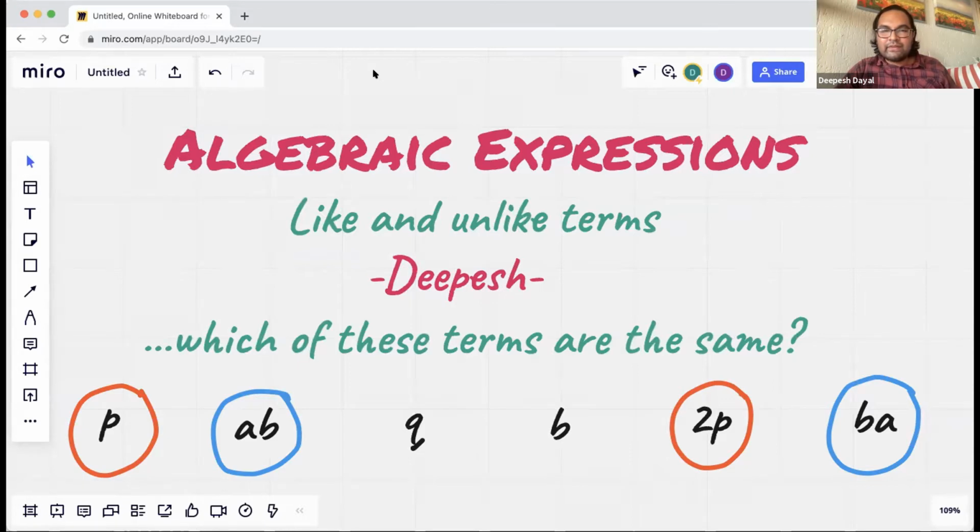So you're saying that Q and B are not the same. Okay, great.